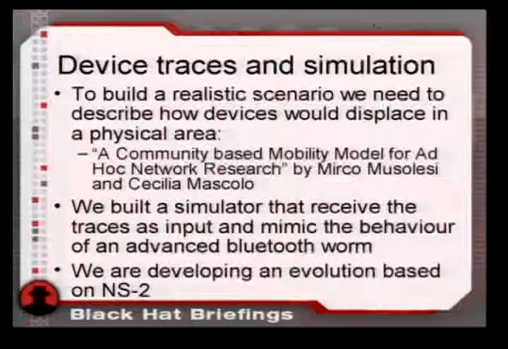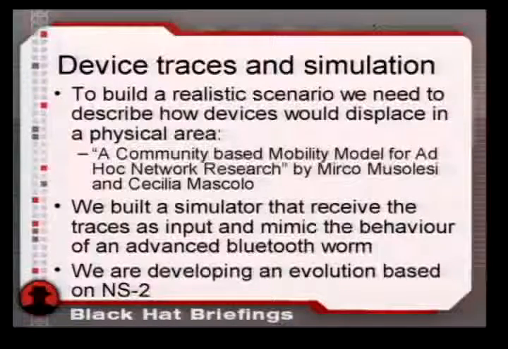It's quite difficult, it cannot be done by hand. We found a very interesting work by two Italian researchers that are actually working in the UK. Their latest work is a community-based mobility model for ad hoc network research. Their work applies, in fact, to ad hoc networks, but is perfect also in our case.